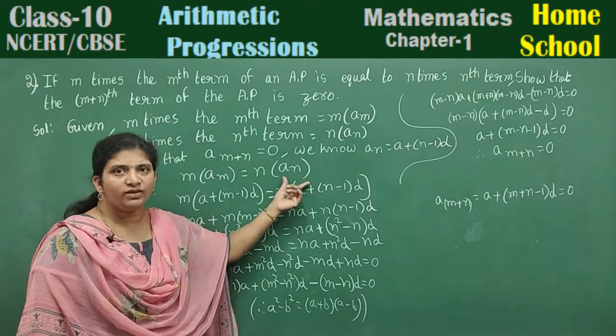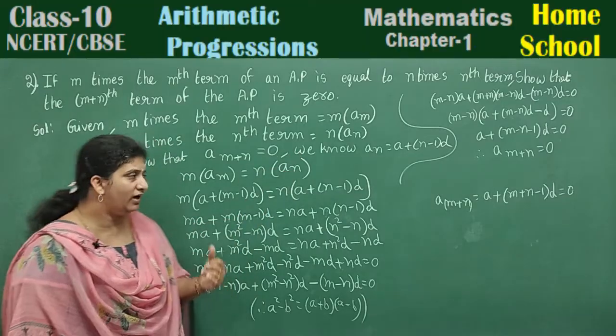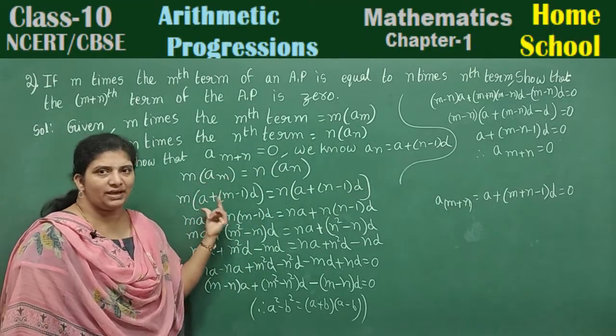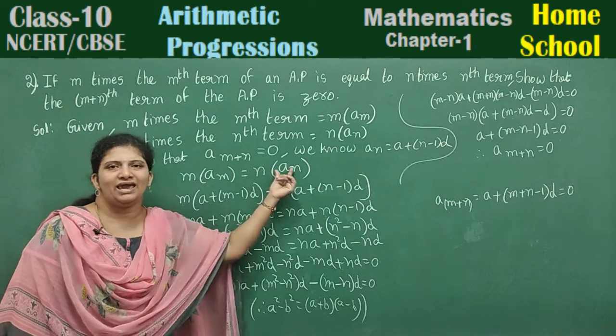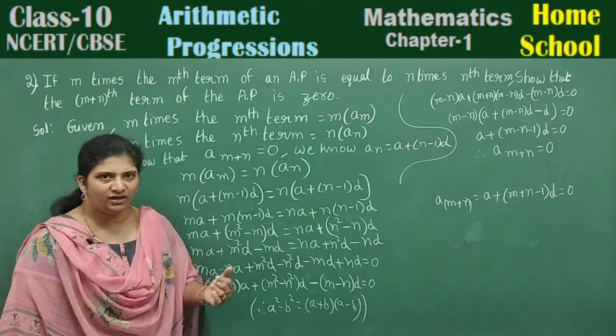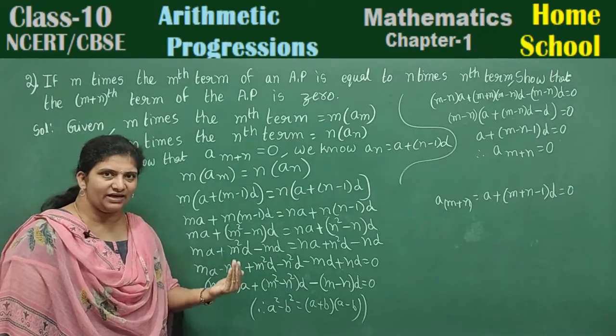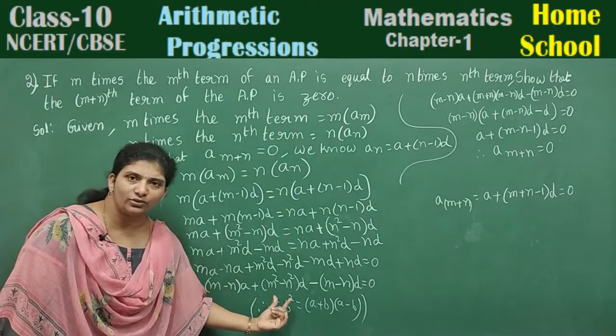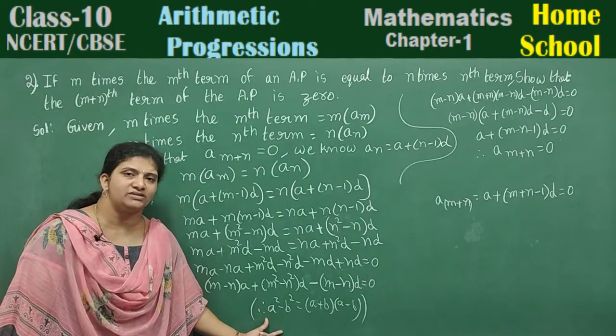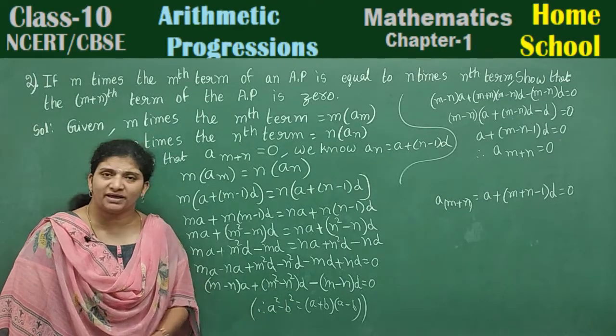Equate m times the mth term and n times the nth term and apply the nth term formula. That is am, a plus (m minus 1) into d, and an, a plus (n minus 1) into d. Remove the brackets. Bring all the terms to one side. Take out common. Here you can see the identity a square minus b square, that is (a plus b) into (a minus b).